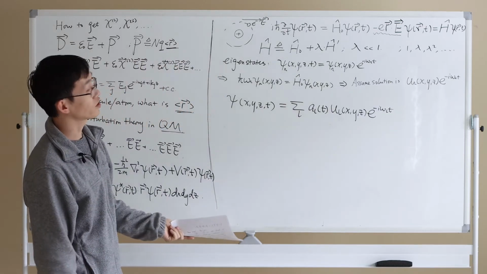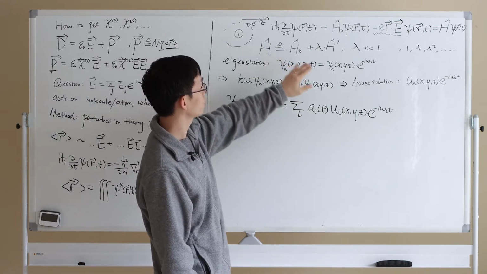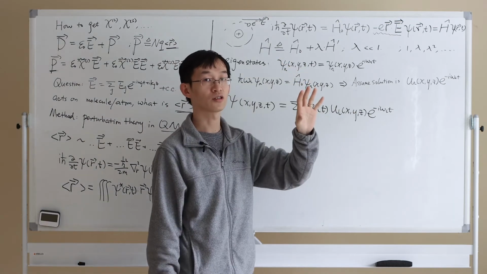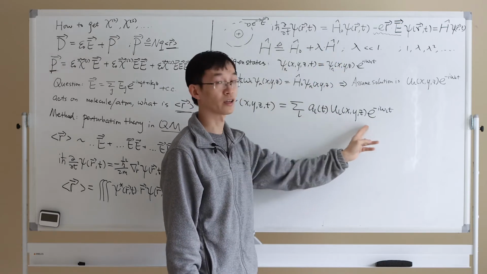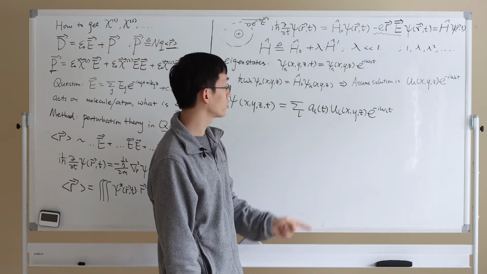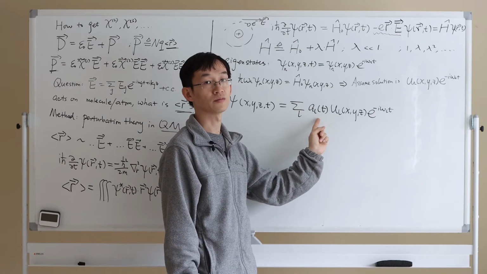In perturbation theory, the idea is that we assume none of these eigenstate functions are changed by our perturbation. They remain the same. What the perturbation does is change this superposition coefficient A, right?